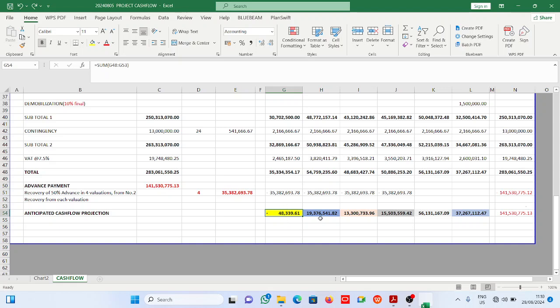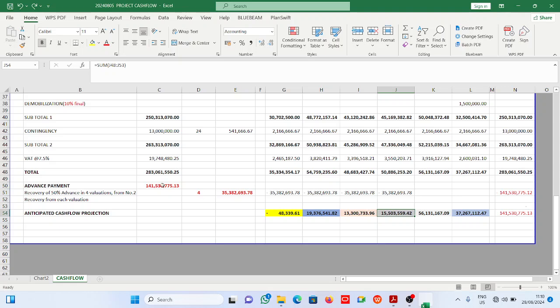While in month 2 he will get 19,376,541, and in month 3 he will be getting this amount. Month 4, and everything ends in month 4. In month 5, in month 6, he gets full payment because in month 4 the advance payment would have been fully amortized.